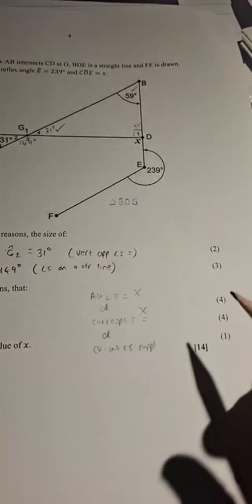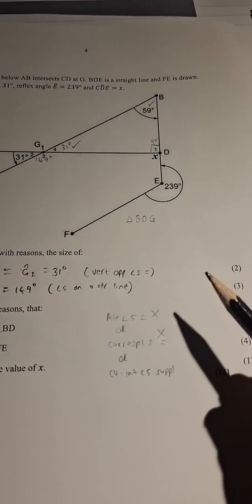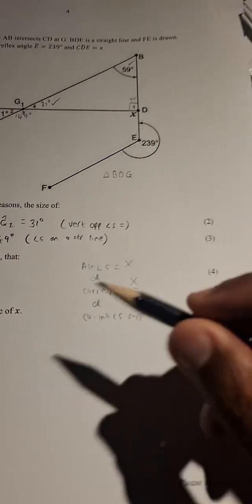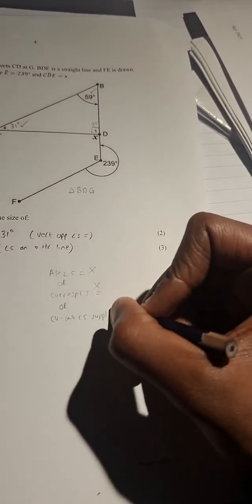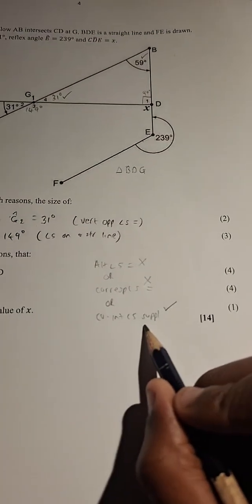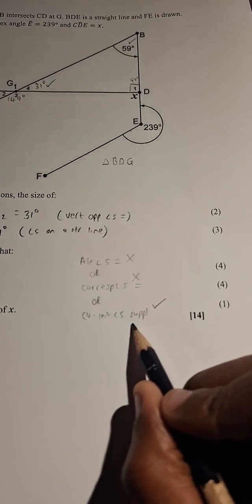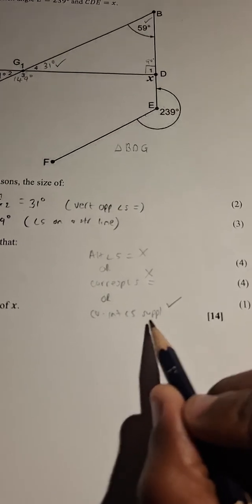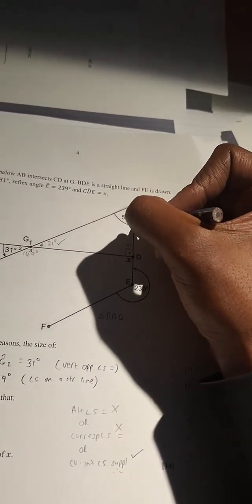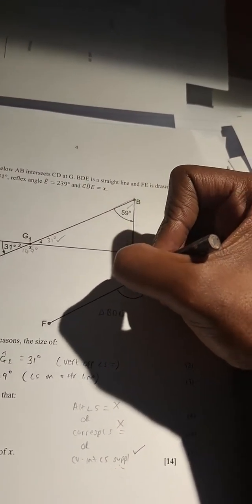F shape maybe? Okay, no, I can't see F shape. U shape maybe? Yes, I can see U shape. Where? Here, guys. There.